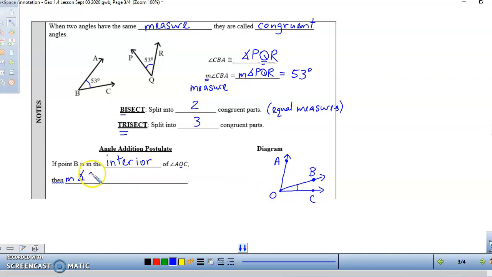So the measure of angle COB plus, okay, maybe I'll do a different color, this angle next to it, which is BOA, so the measure of angle BOA, those are going to add up to be the big angle. So that big angle would be either AOC or COA. Either way, you can write it.